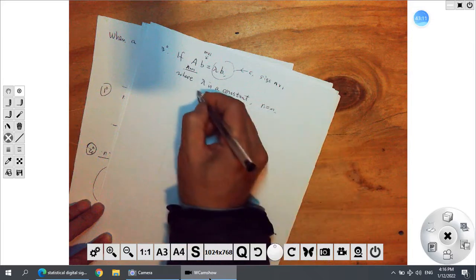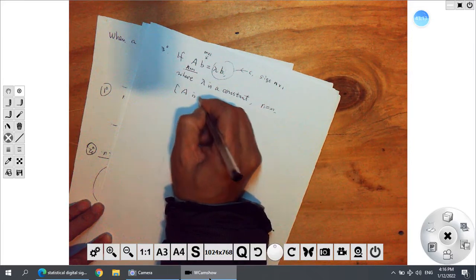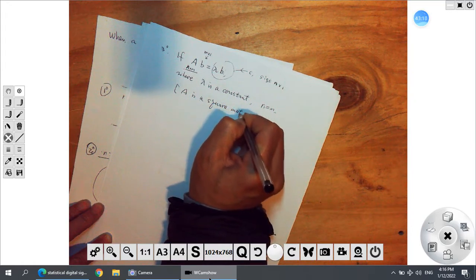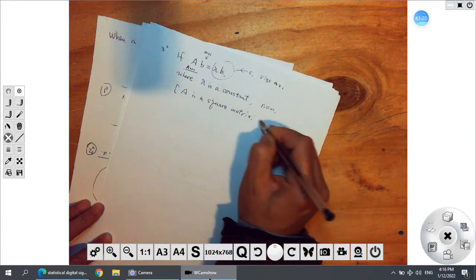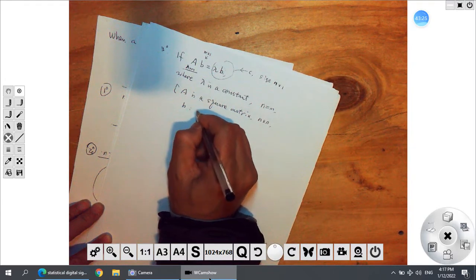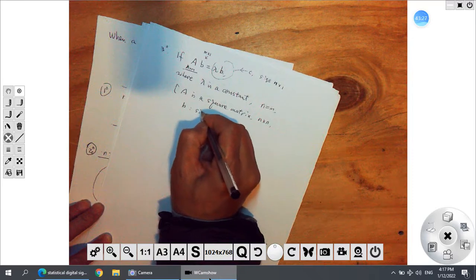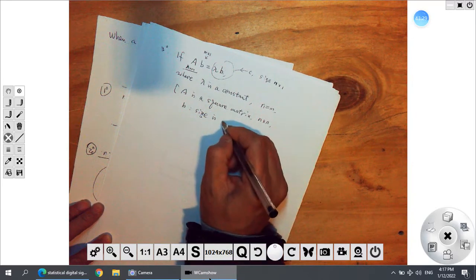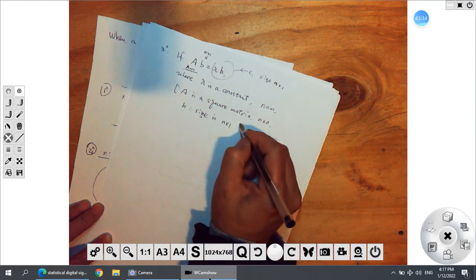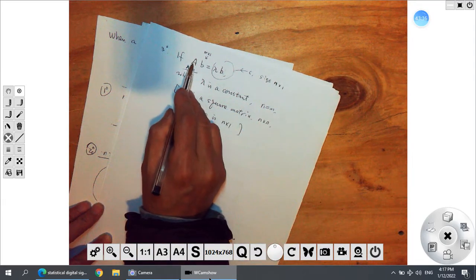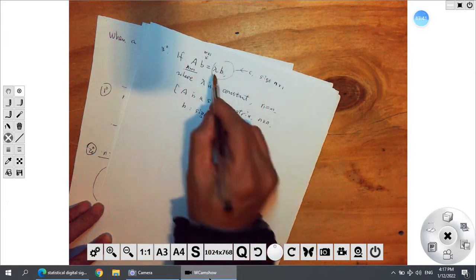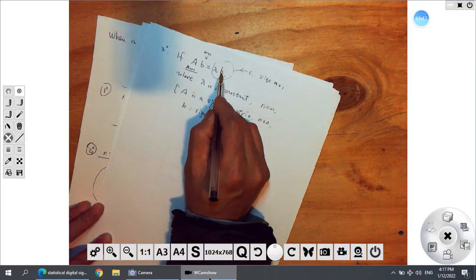That means A is a square matrix, n by n, and B is n by 1. So A is a square matrix, and B is a vector with the same size as A, and its result is also B times a constant.